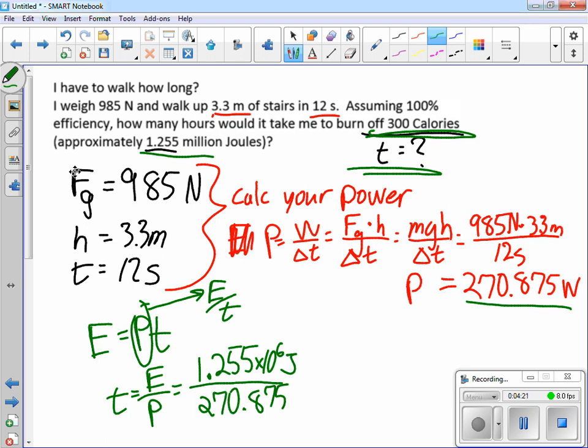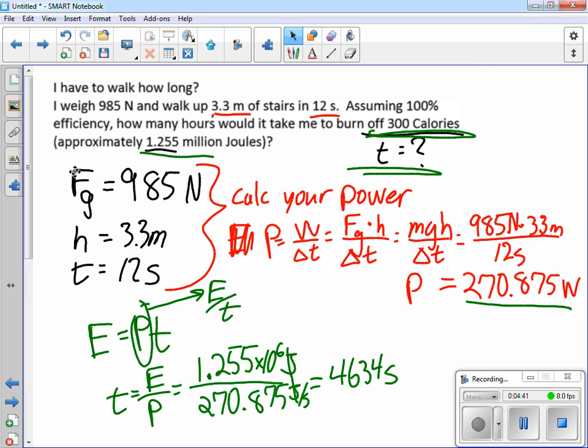And a watt, if you recall, is a joule per second. And then the joules cancel out, and that's 1 over seconds, which just gives us seconds, so that's handy. And let's go ahead and get 4634 seconds. You say, wow, that's a lot of seconds.